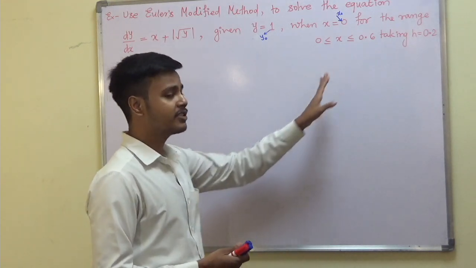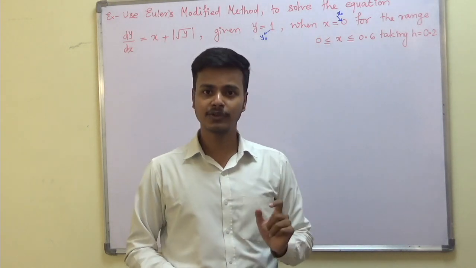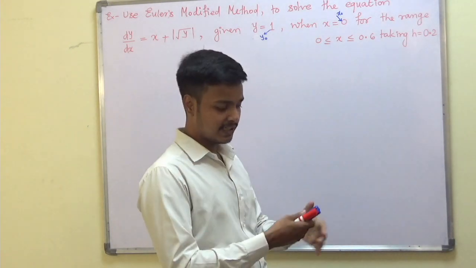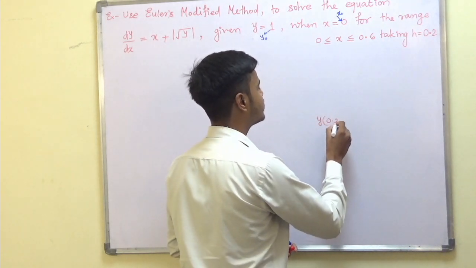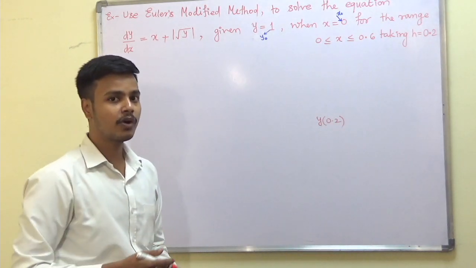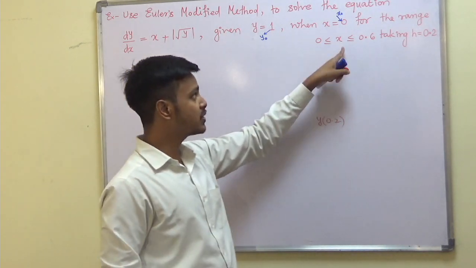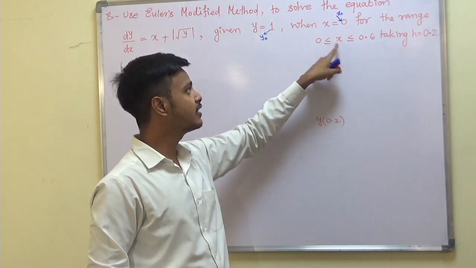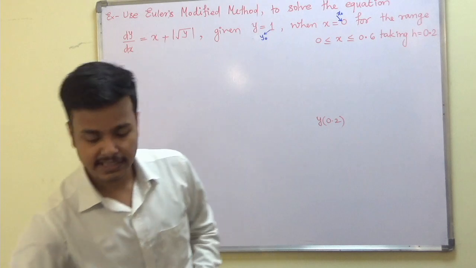Earlier it was given directly that you have to find y for a particular value. In the last problem we found y of 0.2. But this problem wants the answer for each value of x lying from 0 to 0.6. So that is the difference we have.